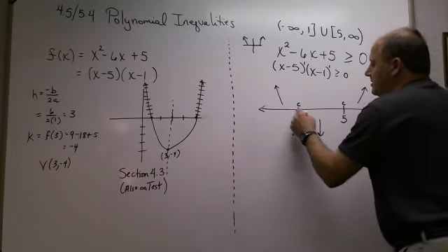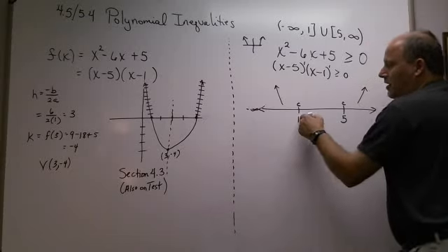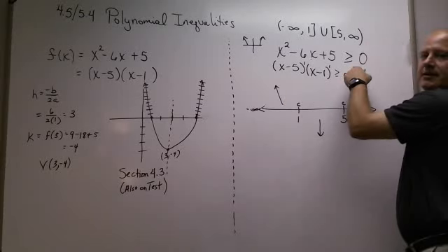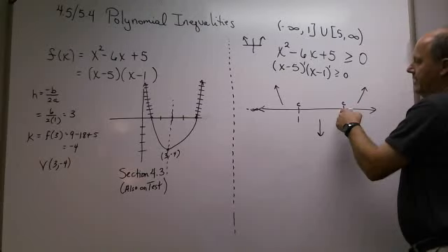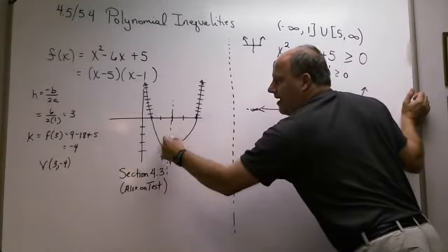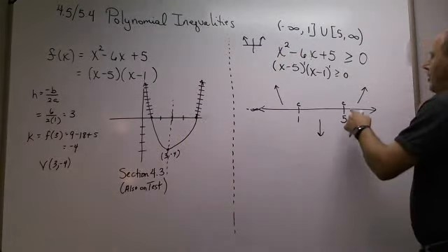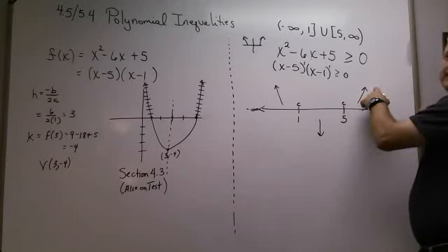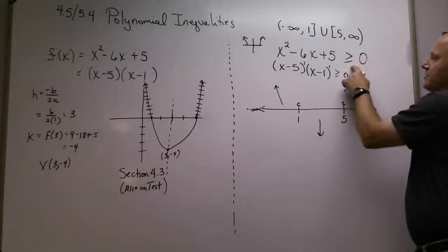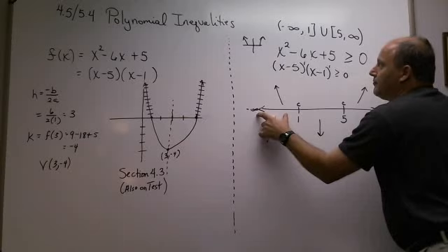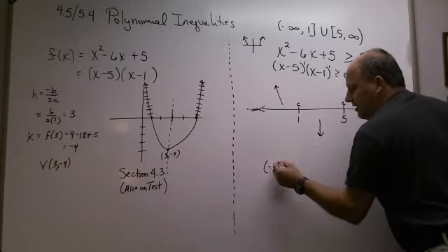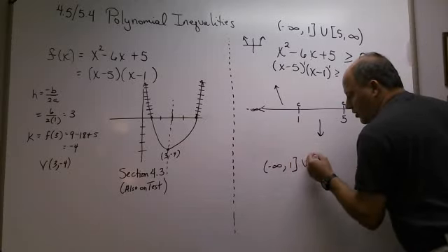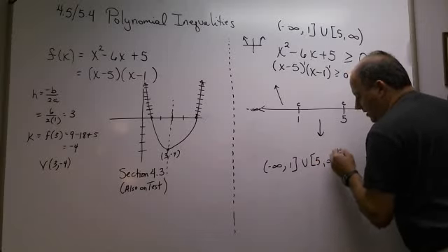So between negative infinity to 1, it's up here, which is above. Between 1 and 5, it's below, the little valley down here. And then on the right side of 5, it's up here. So we're looking for the greater than or equal to 0, so you can get the answer based on that. So negative infinity up to 1, union 5 to infinity.